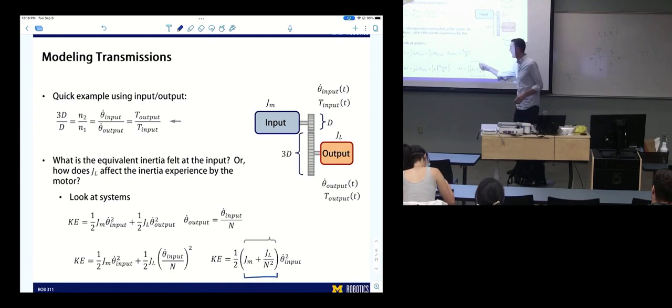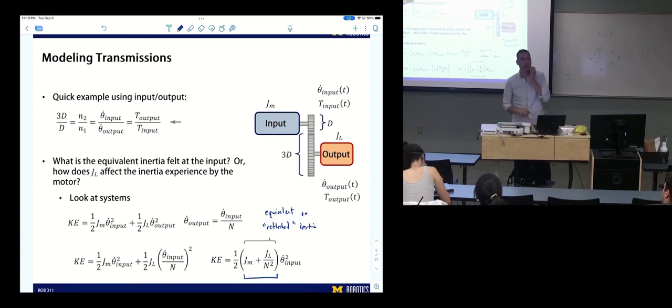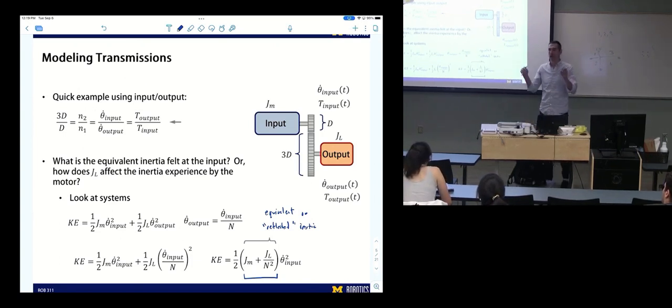This right here, we have a special word for that. We're going to call it equivalent or reflected inertia. So when mechanical properties go through a transmission, they get reflected. That can be a reflection by n squared or a reflection by 1 over n squared.